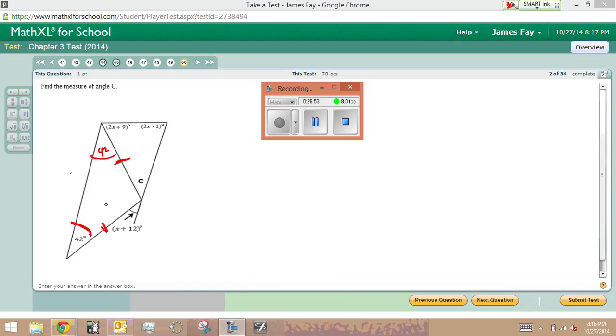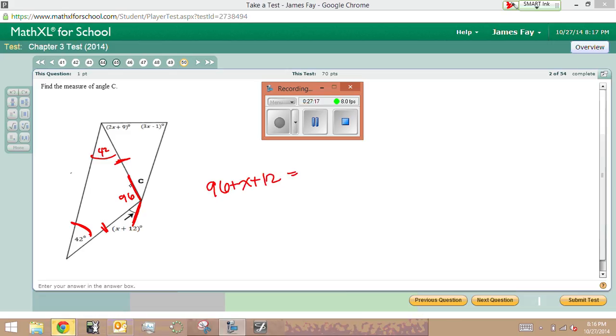Now if we know that information, we can find out by the triangle angle sum theorem that 42 plus 42 is 84. So this angle here has to be 96. Okay. And now what we can do is look at that angle there of 96 plus x plus 12.